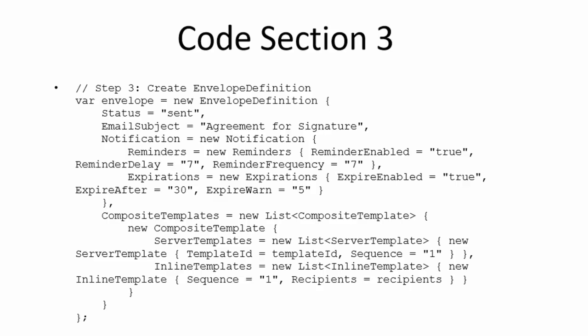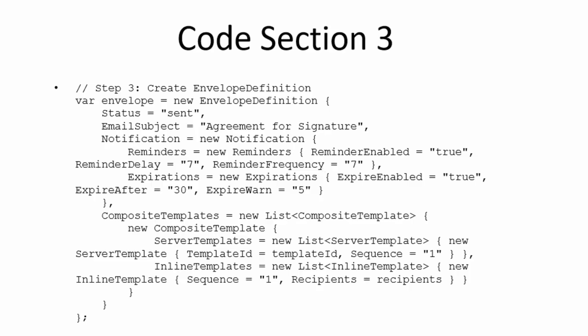This means the reminder will be enabled for this document and it will remind the recipient after 7 days if they have not yet signed the sent document, and it will remind them every 7 days according to the reminder frequency we set.